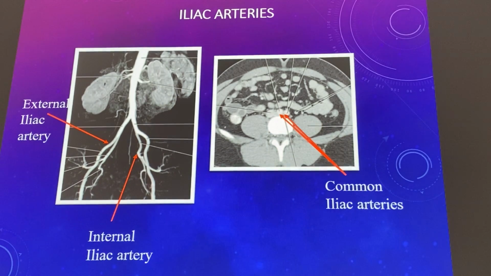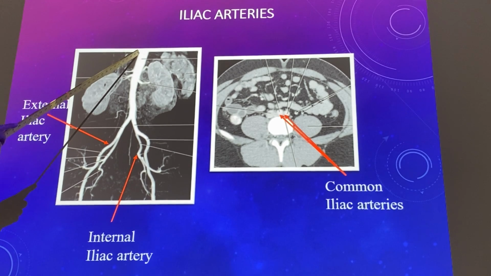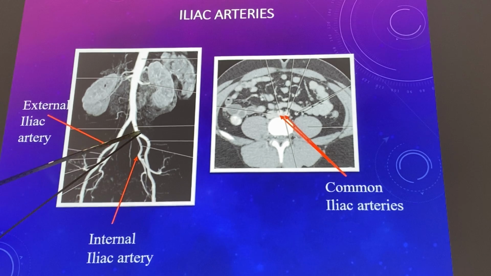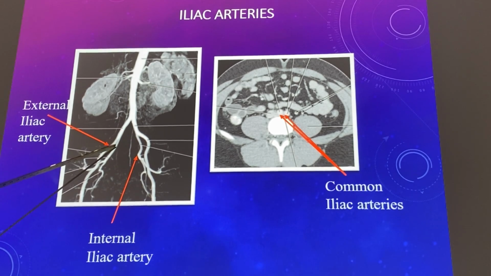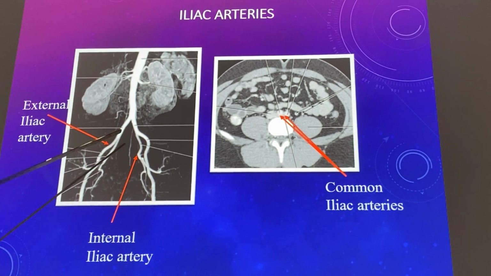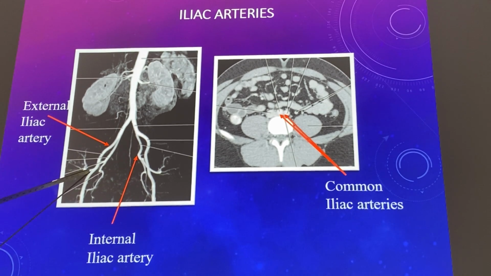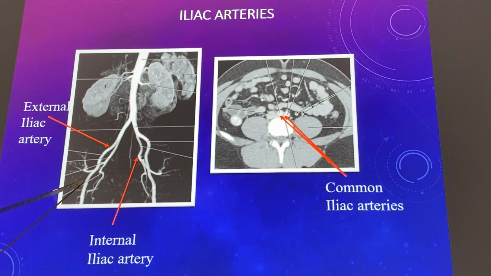Let me jump ahead. Over here is a recon, so what you have over here is, in this case, the aorta coming down, producing the bifurcation into common iliac arteries, right around the area of the true pelvis, which we can't see. It goes into internal iliac artery, coming out laterally, external iliac artery.